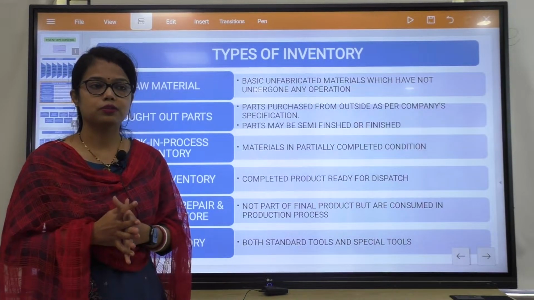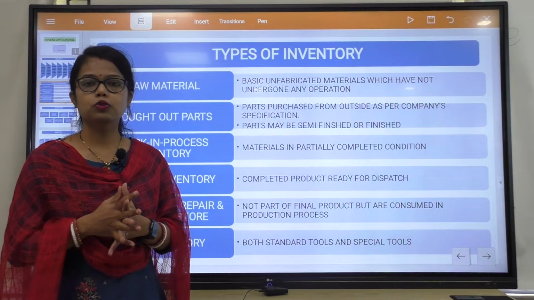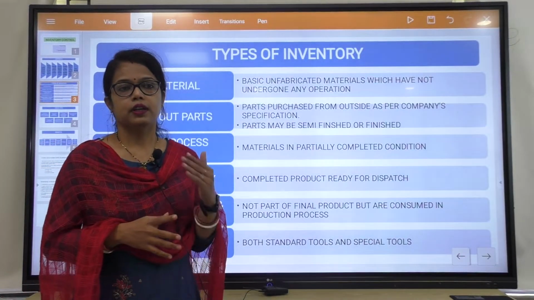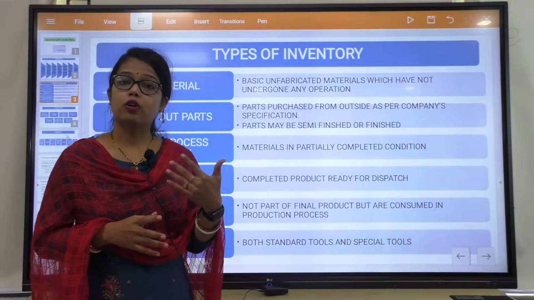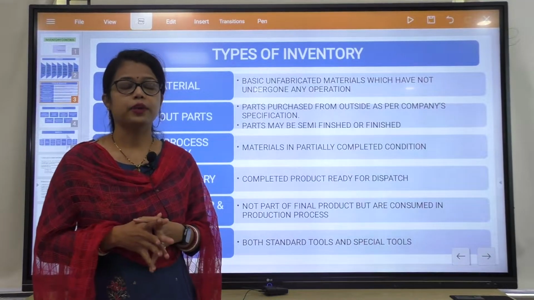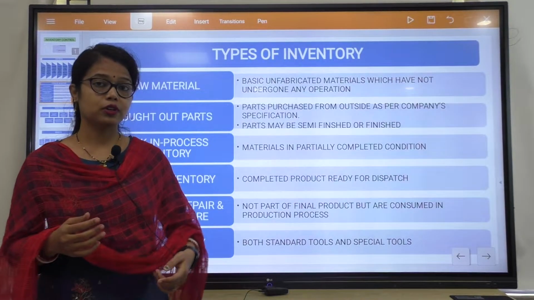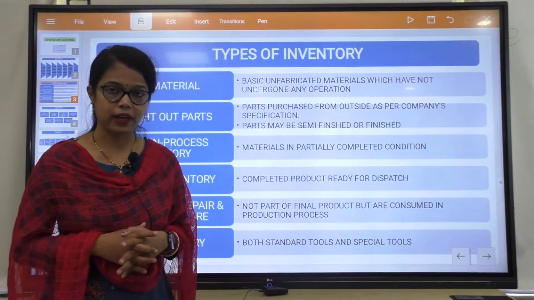Then coming to semi finished product. Semi finished product means, suppose you have done some operations on a particular raw material, but some operations are also left. Then that product is called semi finished. That means that product is not ready to dispatch to the market.